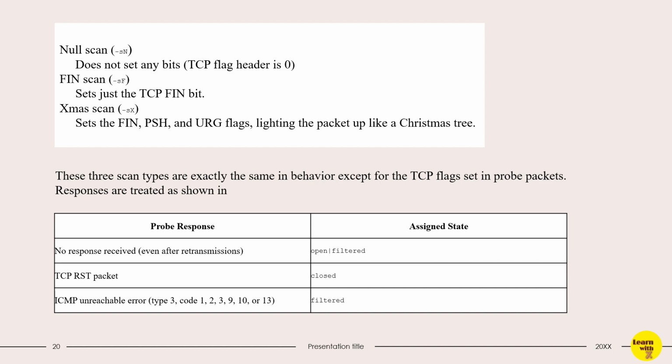Based on the RFC standards, the Xmas scan is capable of interpreting the port state. If the target does not expressly refuse the connection and just drops the packet without a rejection reply, the Xmas scan cannot be sure if the port is open or filtered.